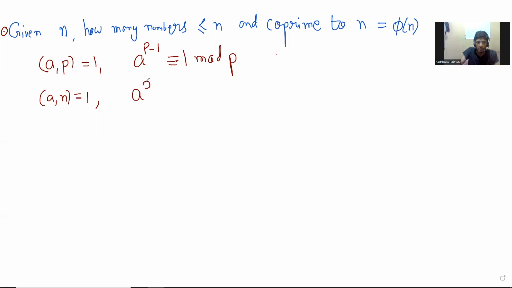We had proved this, and I'll just do an example so that it becomes more clear. But what does this mean? It means that you take any number a, and when you raise it to this special power, which is the number of numbers less than n co-prime to n, then this number is actually congruent to 1 modulo n. It leaves the remainder 1.